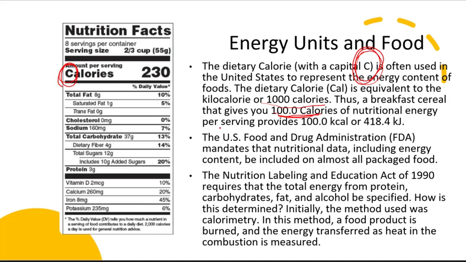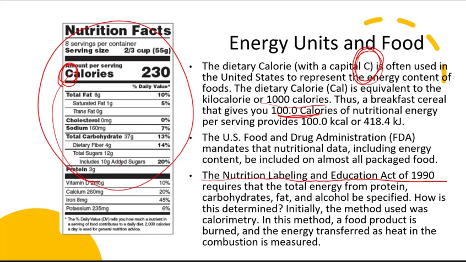The U.S. Food and Drug Administration, the FDA, mandates that nutritional data, including energy content, must be included on almost all packaged food. The Nutritional Labeling and Education Act of 1990 requires that the total energy from protein, carbohydrates, fat, and alcohol all be specified, which is all included in the nutrition facts.